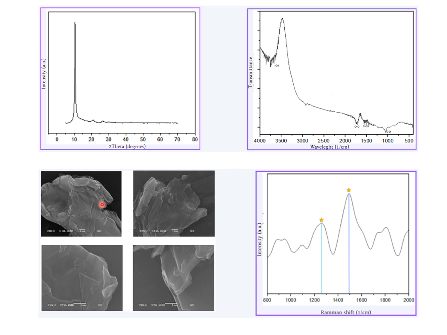In SEM, we can see the characteristic morphology of the sheets. Finally, in Raman, the D and G bands are identified, confirming the obtaining of graphene oxide.